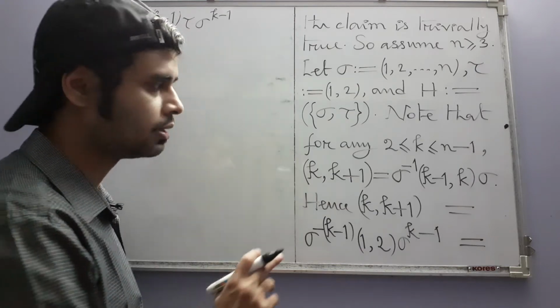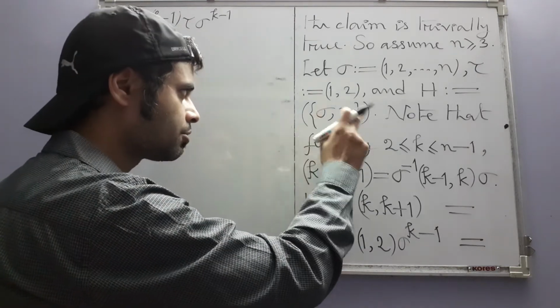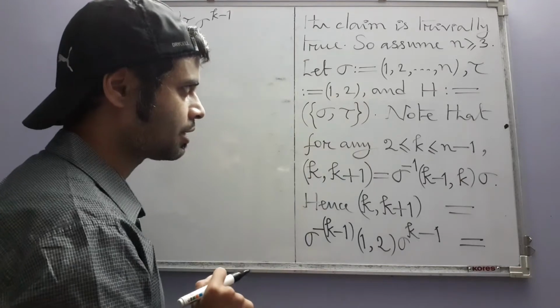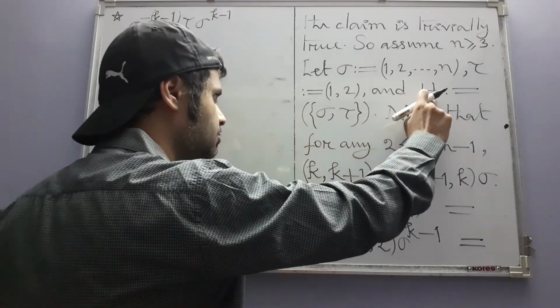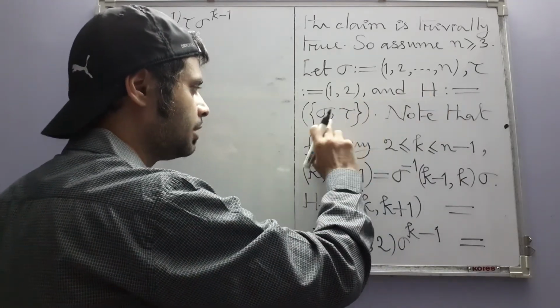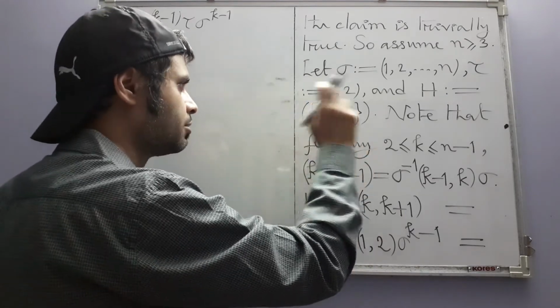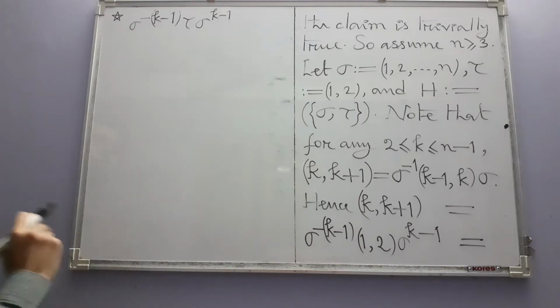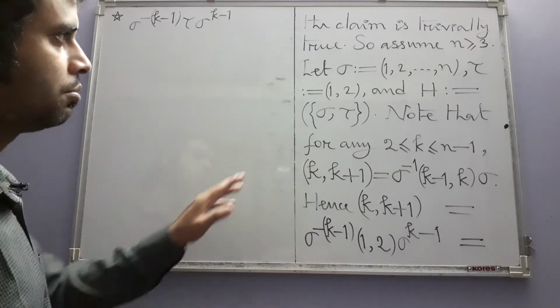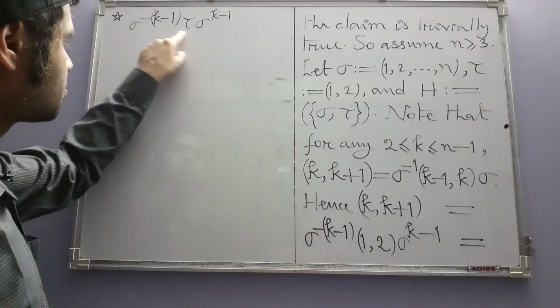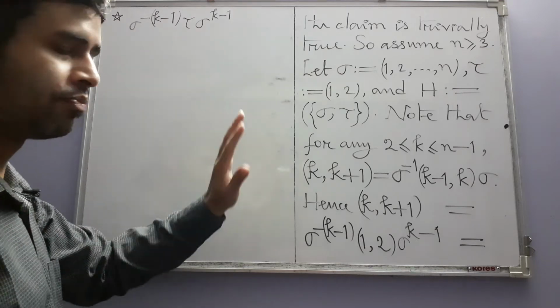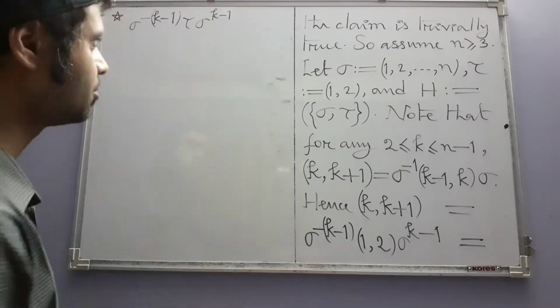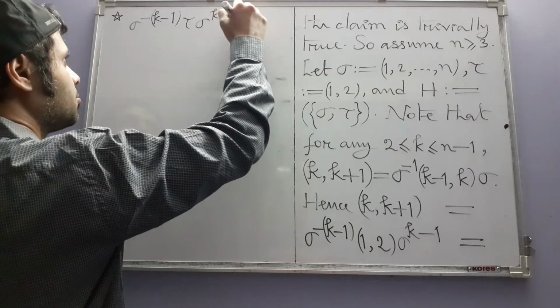H will contain other things also, but among them sigma and tau are members. So if sigma and tau belong to H, then this product, by closure, existence of inverse, also belongs to H.